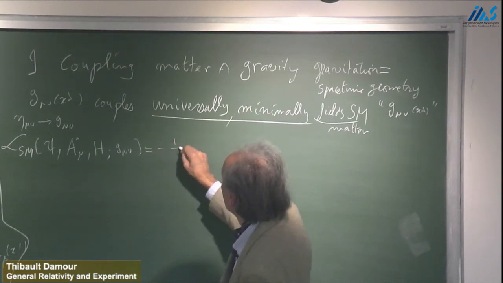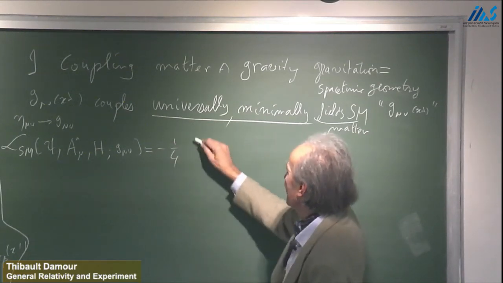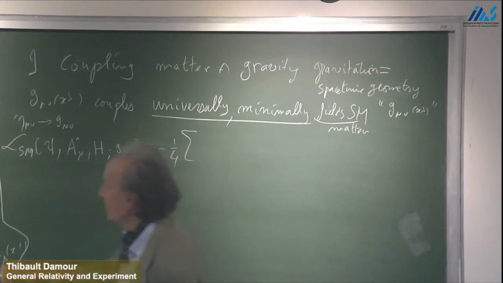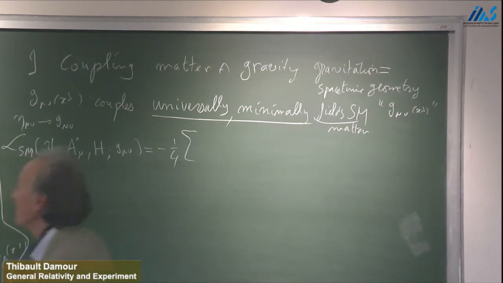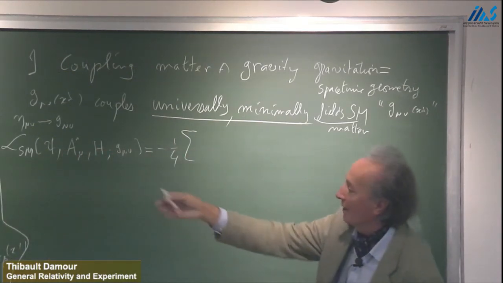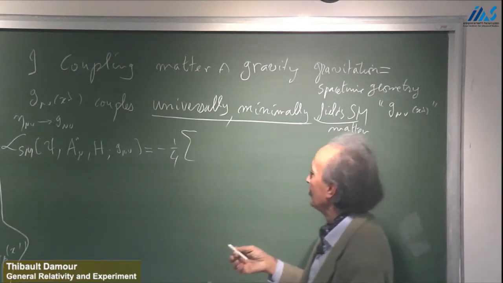So, for instance, for the gauge fields in special relativity, the kinetic term is -1/4 of F mu nu squared. Okay, and then you make a sum over the gauge indices. So the square here meant square with respect to eta mu nu.